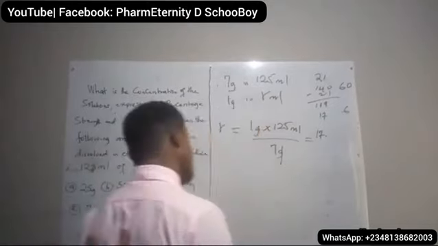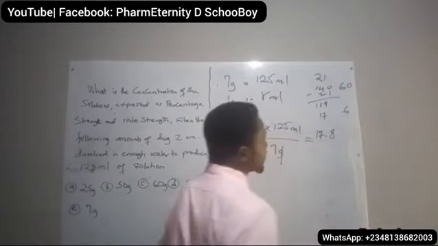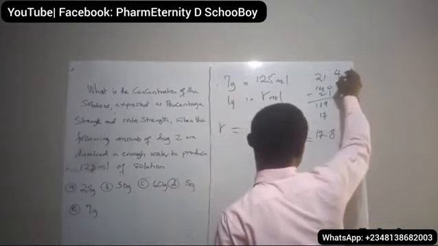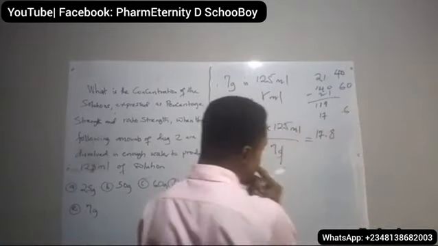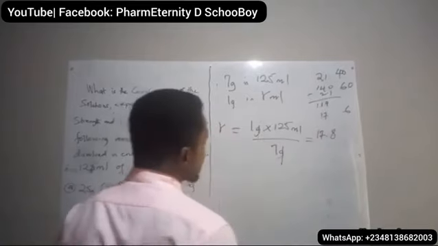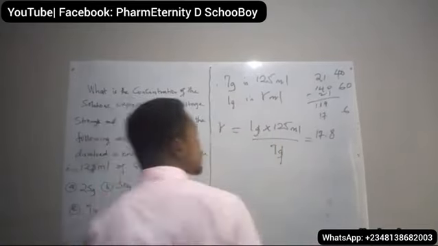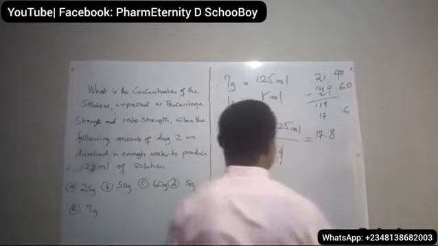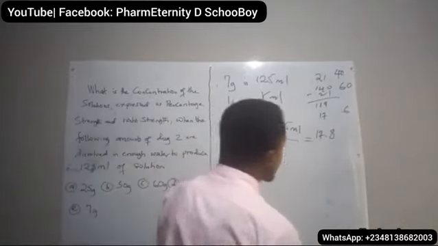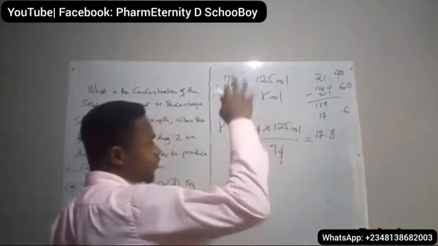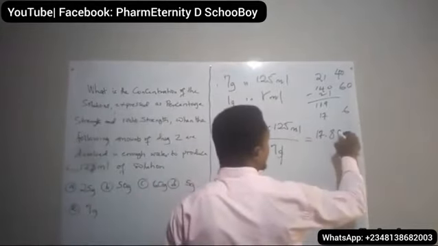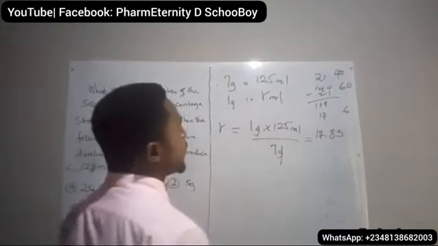So we have 8 here, remainder 4. Add 0, it becomes 40. 7 into 40 gives us 5, remainder 5.